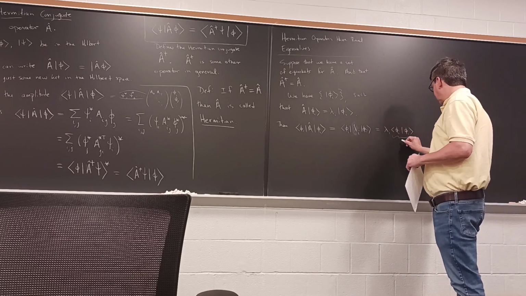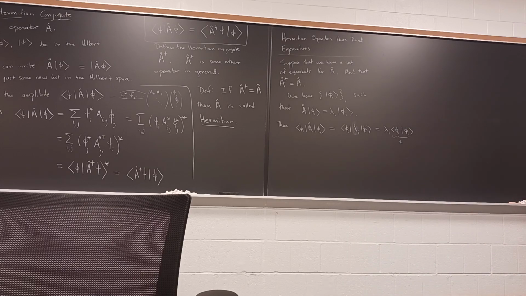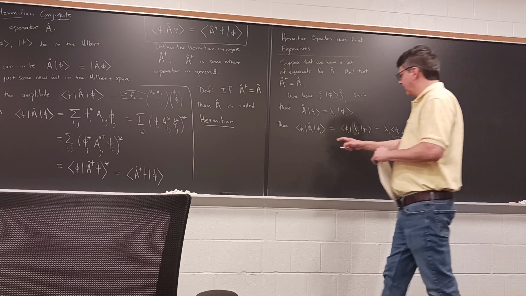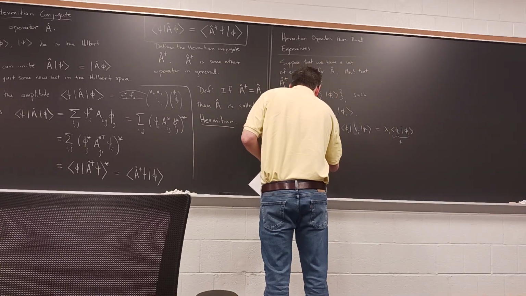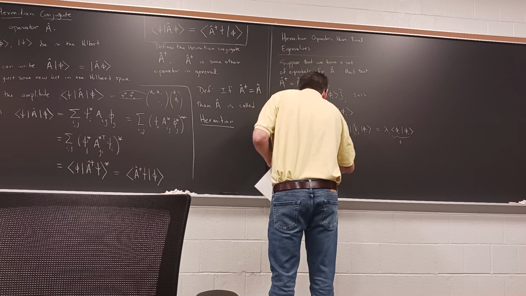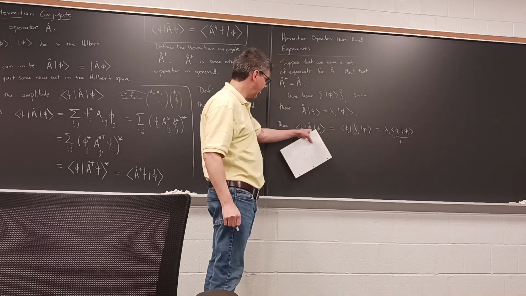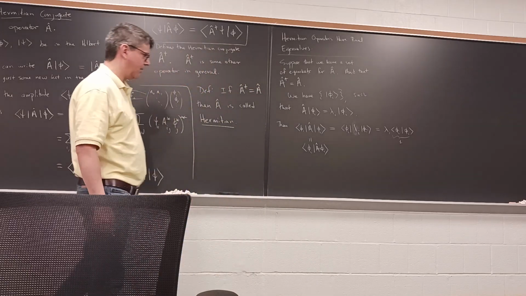So we can assume that this is just 1 if they're a normalized set. And then, well, what is this? This is equal to phi I A hat phi I, right? I'm just rewriting it by putting A inside the ket over here.